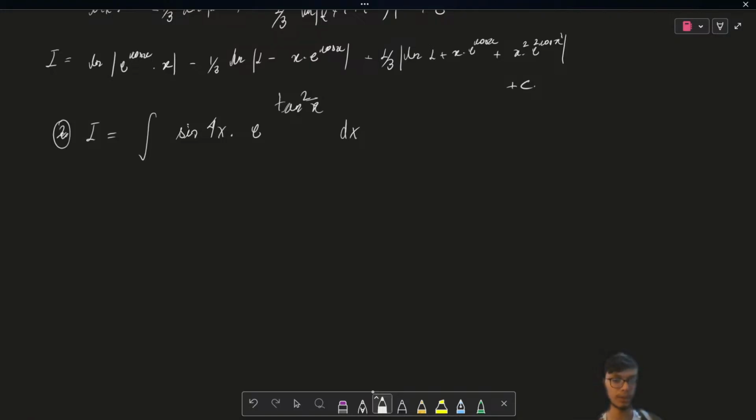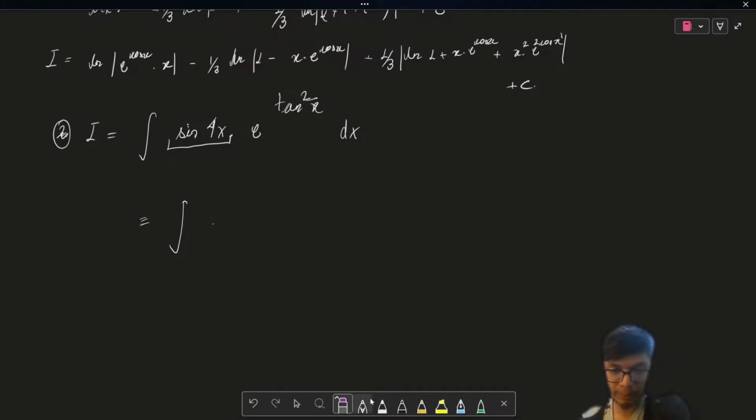So what should we do? Rather, what I can observe over here is that we have a multiple angle formula of sine 4x. So we can split this up and write it as 2 times sine 2x into cos 2x, which I can further simplify, and sine 2x can again be simplified as 2 sine x cos x.